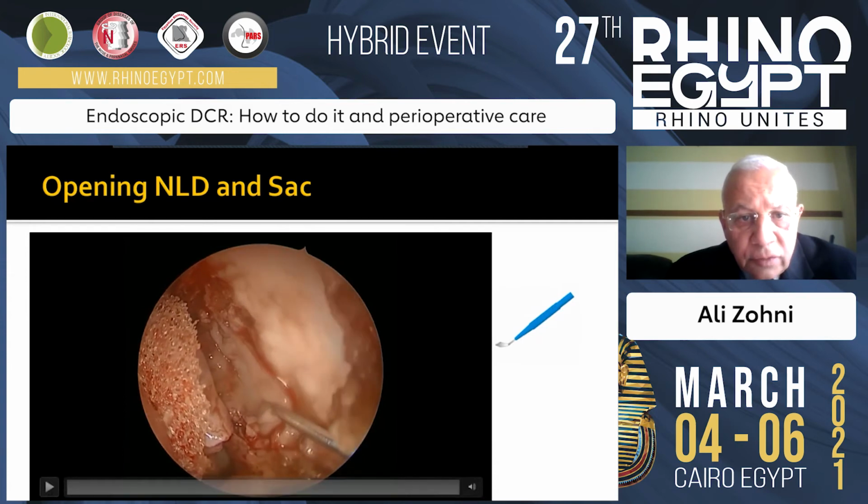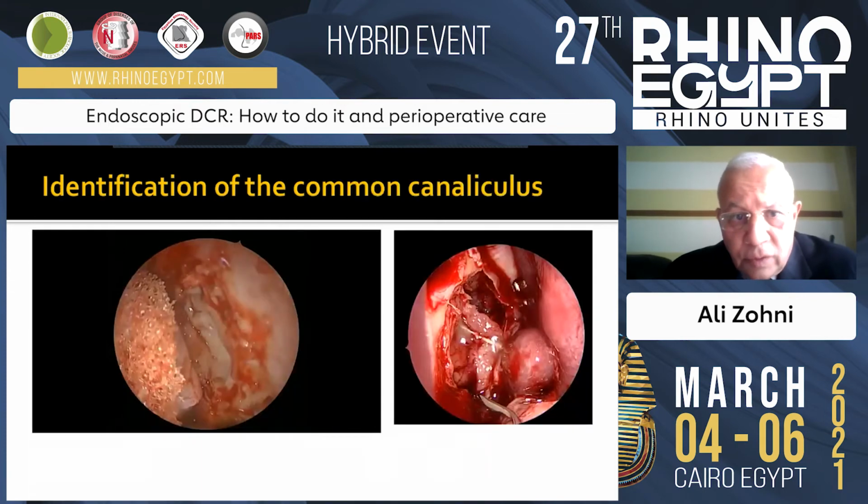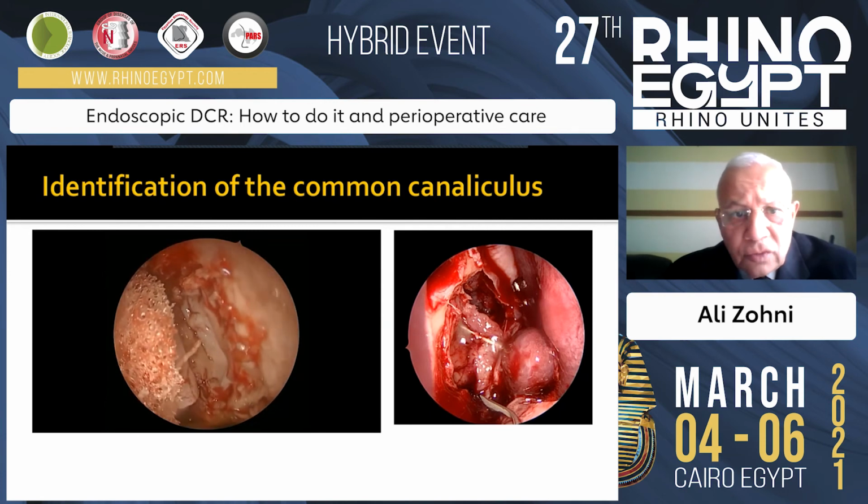This area is very important. This is the opening, the medial opening of the common canaliculus from the medial side, and it indicates that we reached the upper part of the lacrimal sac. When we inspect this region, it is easy to identify anatomically, and sometimes there are some secretions coming out of this region.